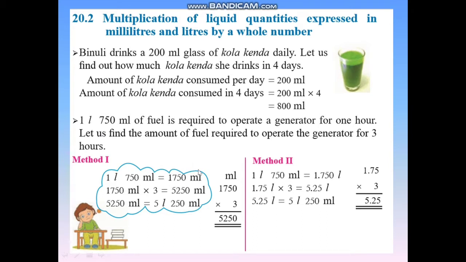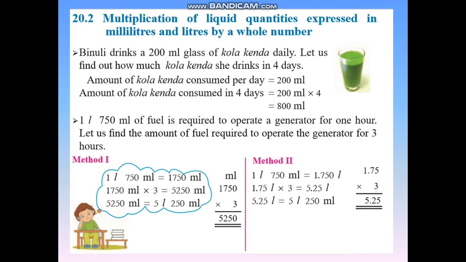1750 milliliters. Now we have to find how much fuel is required to operate the generator for 3 hours. This quantity is for 1 hour. So to find the quantity for 3 hours, we have to multiply this by 3. We get the answer as 5250 milliliters. Now we can convert this into liters.